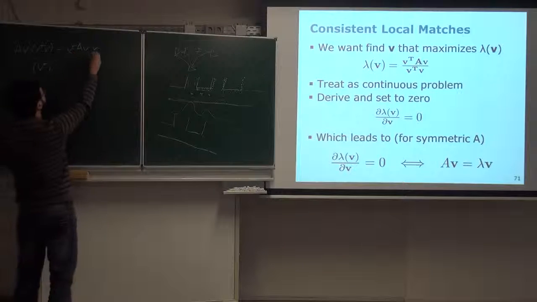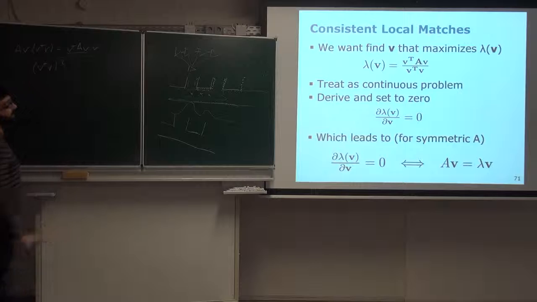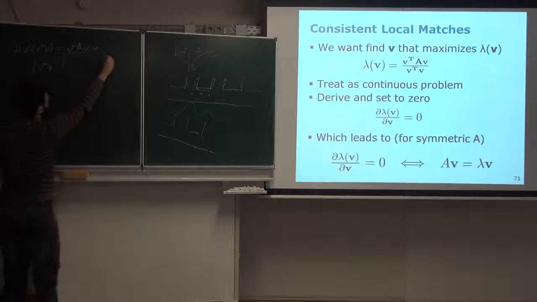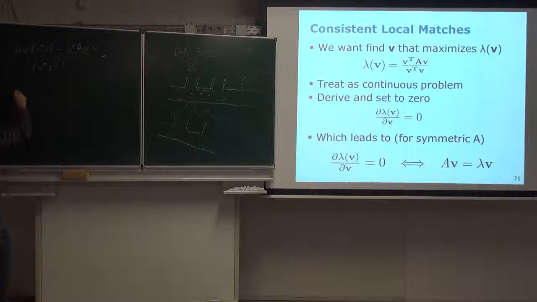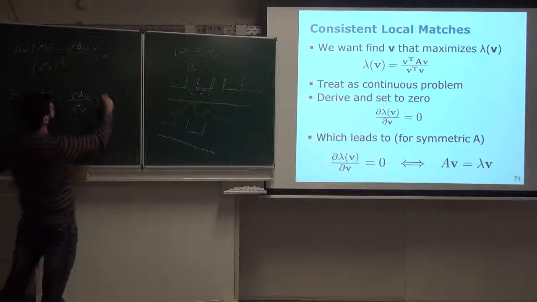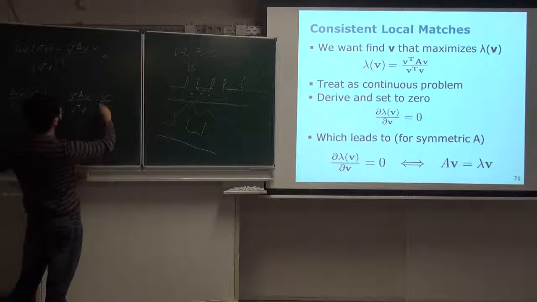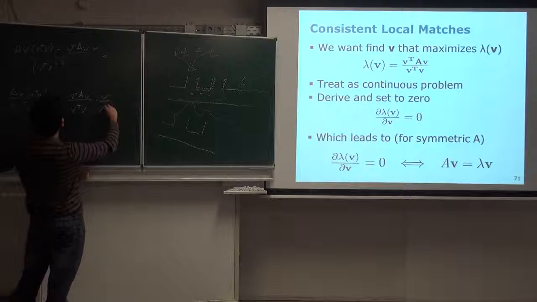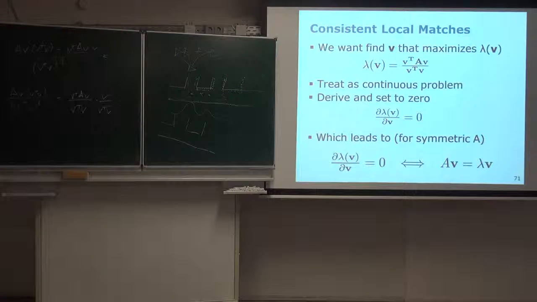And if we put this with one part of that, this is actually equal to lambda v. Let's do it step by step. We can split it into A v v transpose v divided by v transpose v squared, minus v transpose A v divided by v transpose v times v divided by v transpose v. If you look at it in this way.